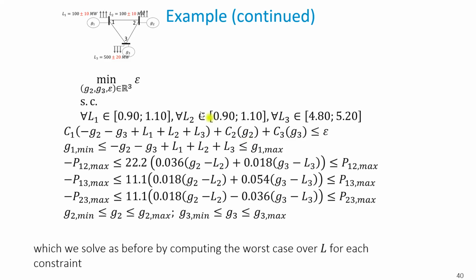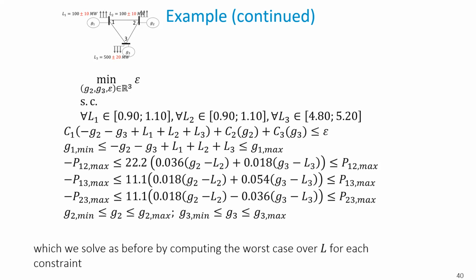For example, here, this gives the following problem. As an alternative to what I showed before, we can minimize epsilon over G2, G3, epsilon. So we have 3 optimization variables instead of 2, subject to the constraint for all L1, etc. And I add the constraint that epsilon is larger than that for all values of L1, L2, and L3 here.